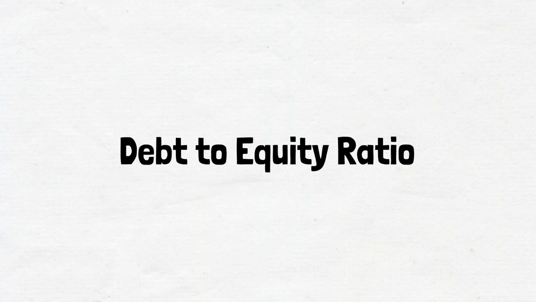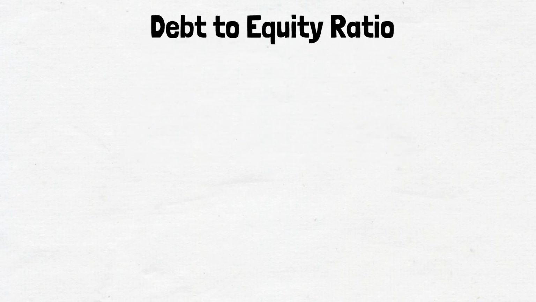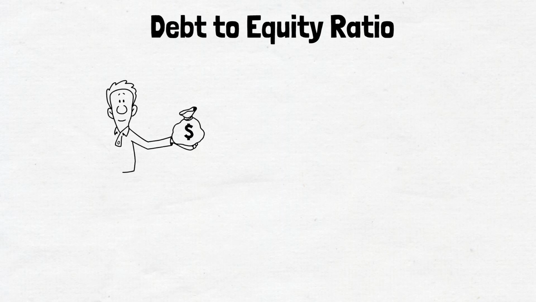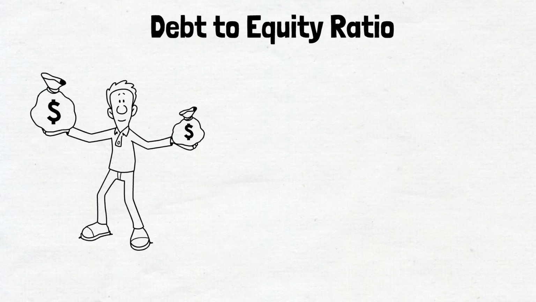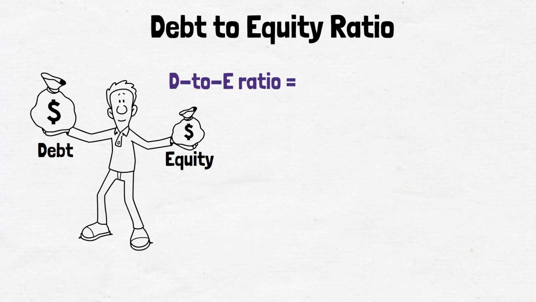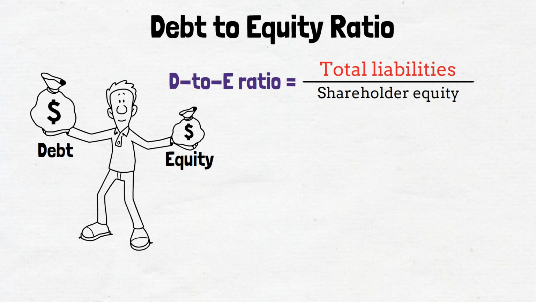Debt-to-equity ratio. The debt-to-equity, or D/E, ratio is a financial ratio that measures the relationship between a company's total liabilities, i.e., its debt, and its shareholder equity. It is a commonly used metric for assessing a company's financial leverage or ability to meet its financial obligations. To calculate the D/E ratio, divide a company's total liabilities by its shareholder equity.